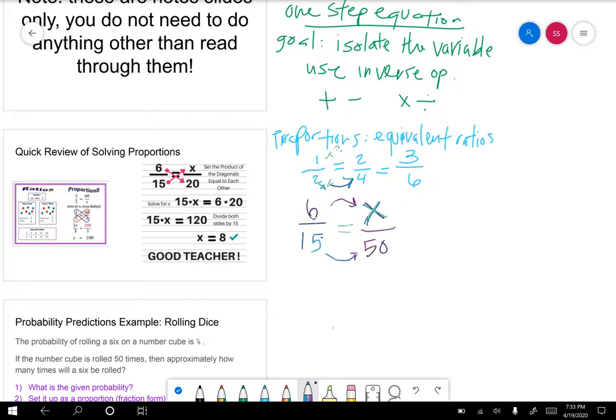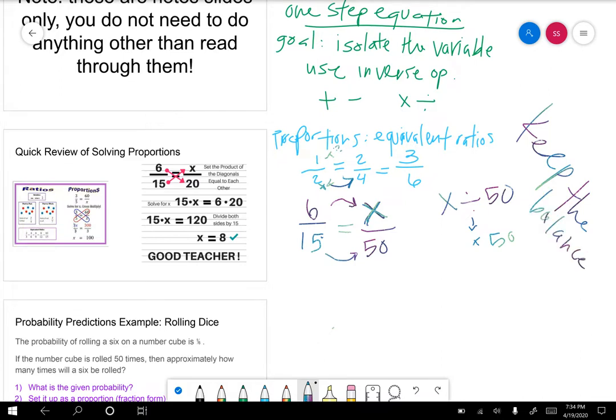Right now, let's look at what's happening to x. x is being divided by 50. So the opposite of that, instead of dividing, we want to multiply by 50. And remember, if we do something to one side of the equation, you have to do it to the other, right? Keep the balance in the force, Luke. Keep the balance.